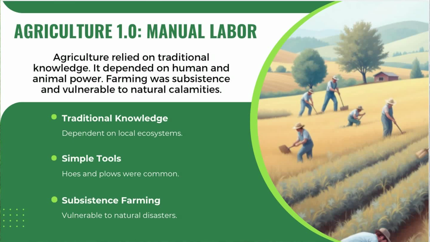Agriculture basically relied heavily on traditional knowledge and practices, dependent on human and animal power. Farmers basically used simple tools like hoes and plows, and farming was subsistence in nature. That is, they used to grow food only for their own consumption.